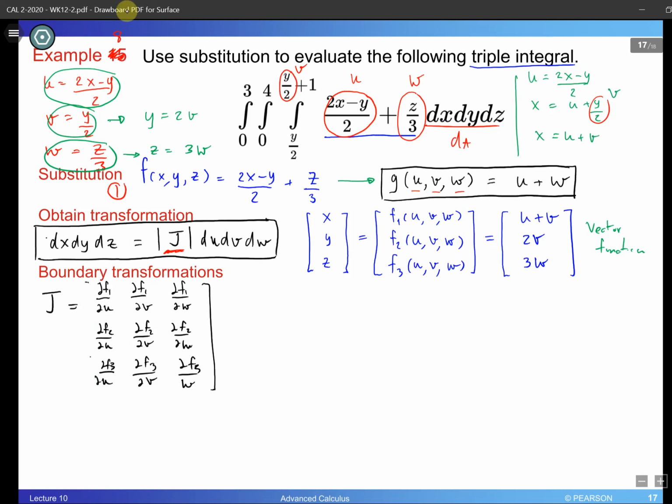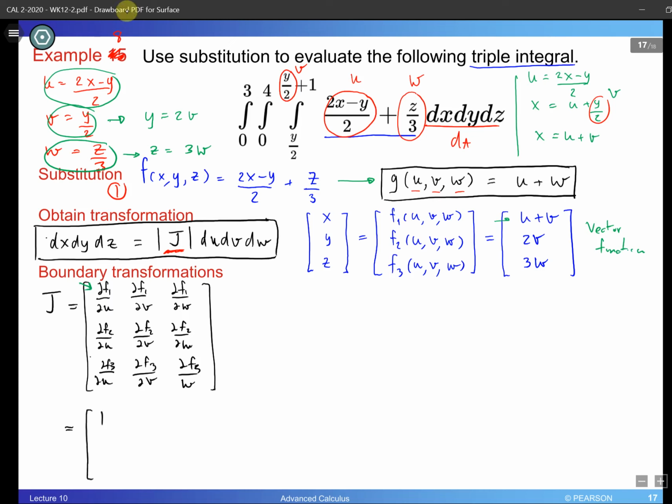Now we are supposed to find all of these 9 terms. So let's take a look at what we are going to get for each one of them. Let's start with this one, partial F1 with respect to u. We are going to differentiate this with respect to u. The coefficient in front of u is just 1.